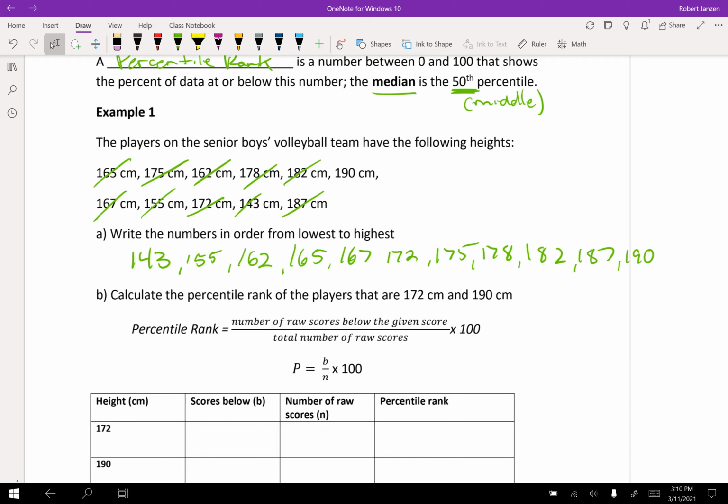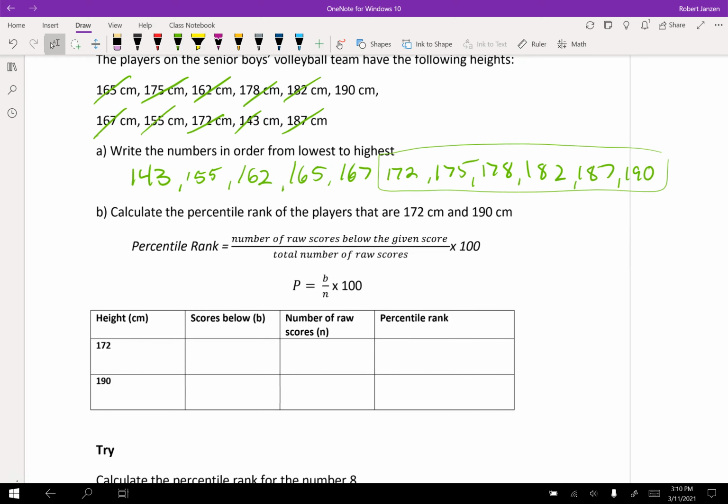Calculate the percentile rank of the players that are between 172 and 190. So we're looking for what percent of the players that is. Well, you're going to see there are 5 numbers that are not included in that, 6 in the other, so we're close to 50%, but let's actually calculate it. So there are 5 numbers below 172.